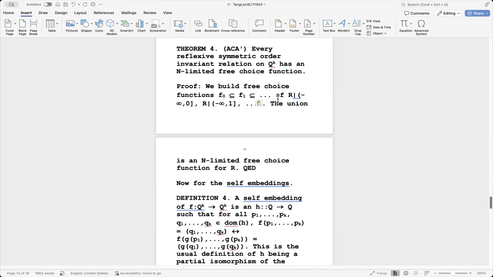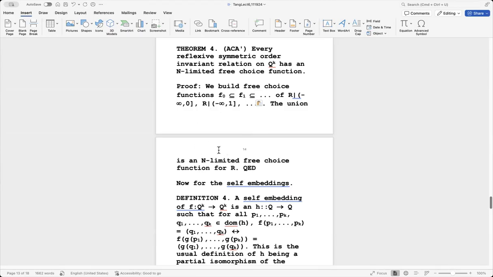So we build them in a tower. You need an extension theorem: you can always extend a free choice function to a bigger space, if you have a reflexive symmetric order invariant relation. Now you take the union and you get an E-limited free choice function for all of R.